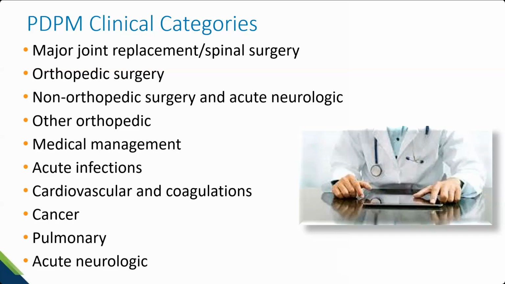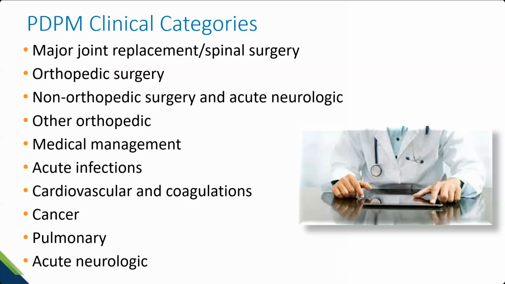But other non-orthopedic surgery and acute neurologic are then further collapsed together. While under medical management, acute infection, cancer, pulmonary and cardiovascular and coag are all collapsed into medical management. So I'm not going to review everything that's on the screen for you today. You have that in your handout as well.